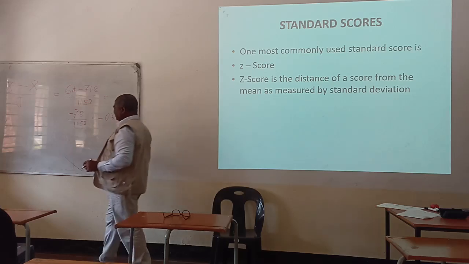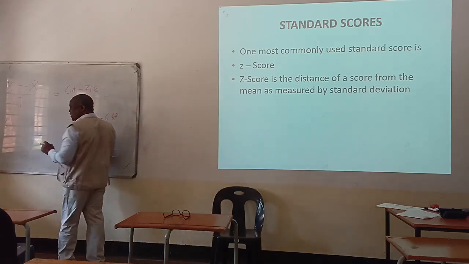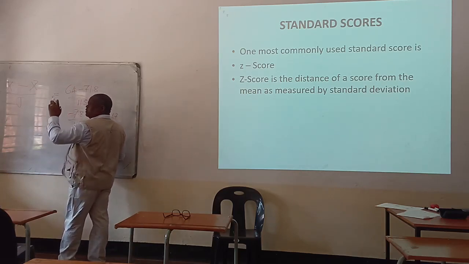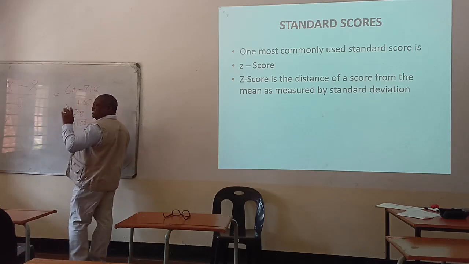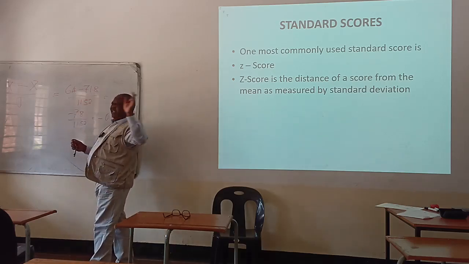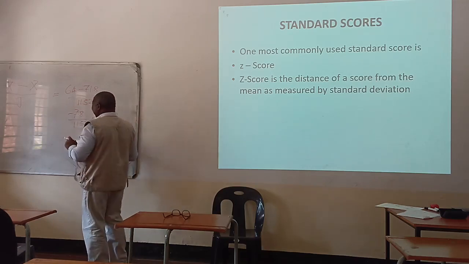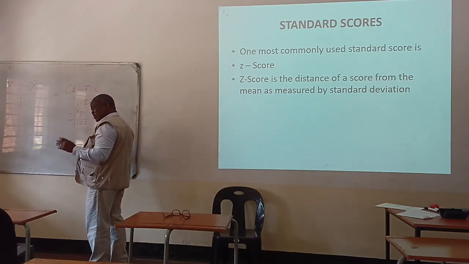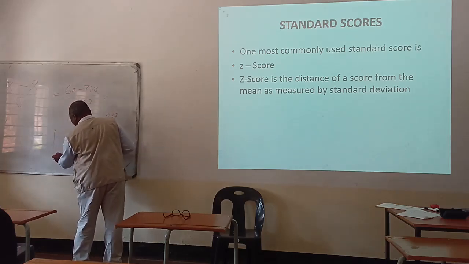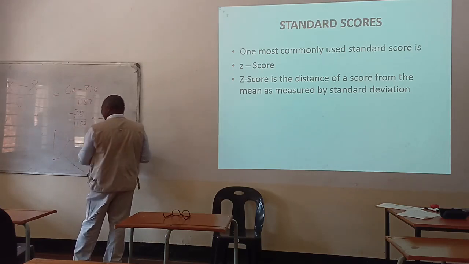Meaning that if those scores, we had 63, 62, 63, 64, 65, 80, 88, were actually plotted in a distribution range, of course, it was going to be this kind of a distribution.